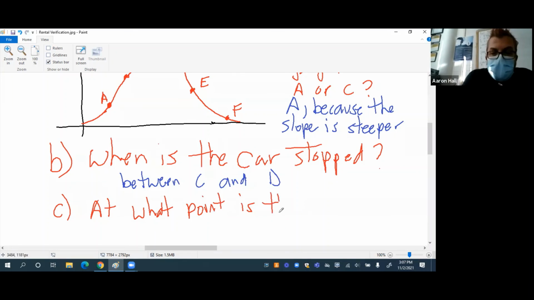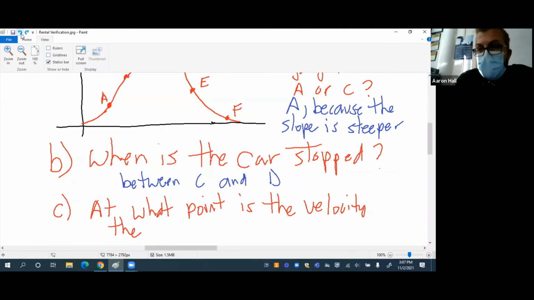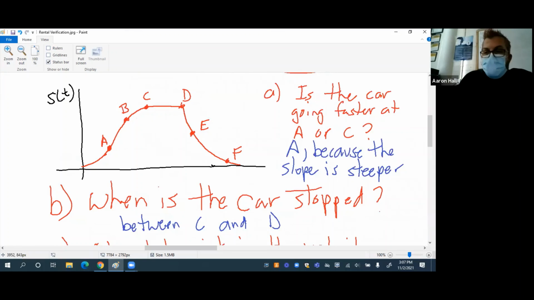And you might be saying, why are you giving us a trick question? Because you could have a question like this on your AP test. When is the velocity the greatest?